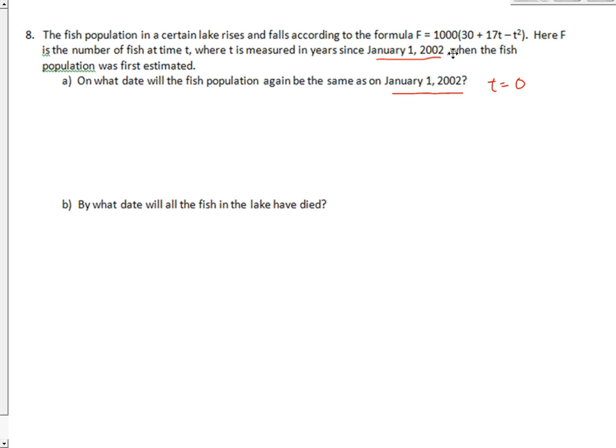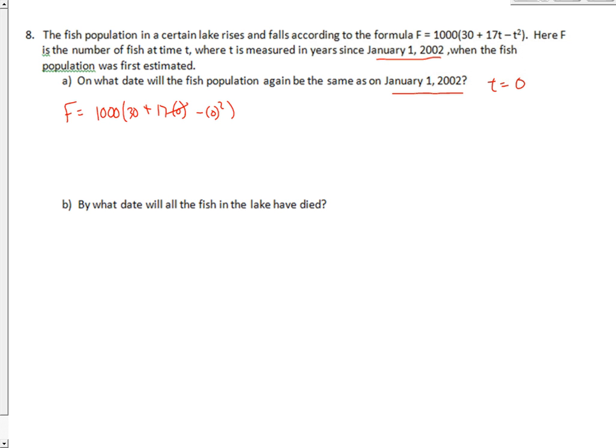So we have to figure out how many fish we started with by plugging in 0. And once we find out the fish population, we can plug that in to find out the time for that. So first, we're going to take F equals 1,000 times (30 plus 17 times 0 minus 0 squared).